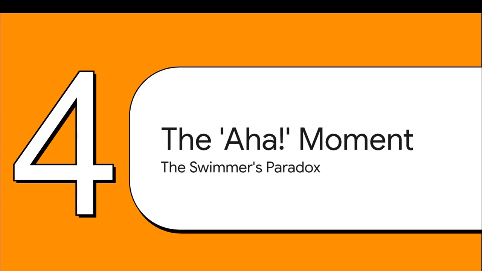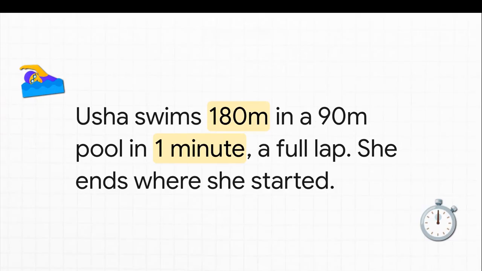So let's tie all of this together. I've got one final example that I think makes the difference between speed and velocity just perfectly clear. So, meet Usha. She's swimming in a pool that's 90 meters long. She swims from one end to the other and then immediately swims all the way back. So she covers a total of 180 meters. And the whole thing takes her exactly 1 minute.